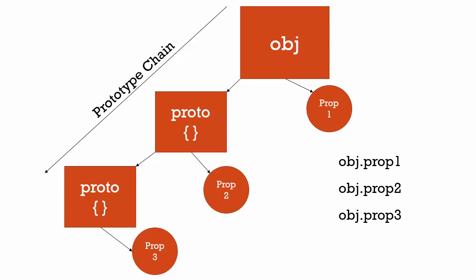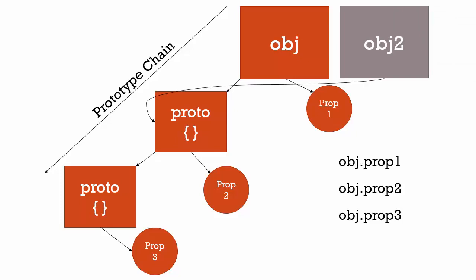The really interesting thing is if I have another object, let's say obj2, it can point to the same object as its prototype. It's just another object. These are just references. So objects can share all the same prototype if they want to, or if you want them to.